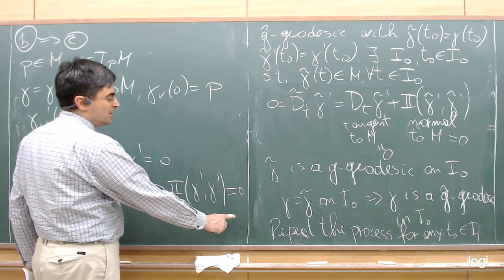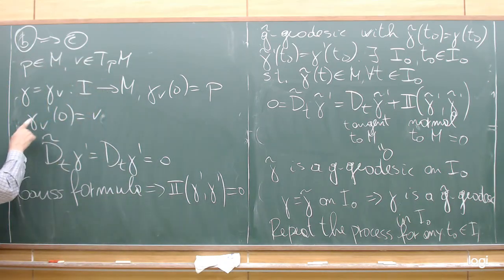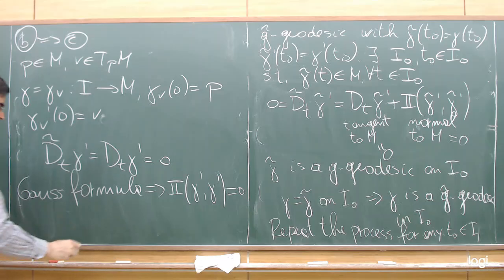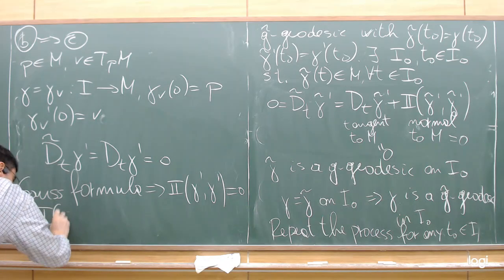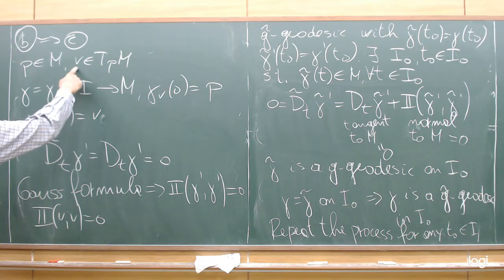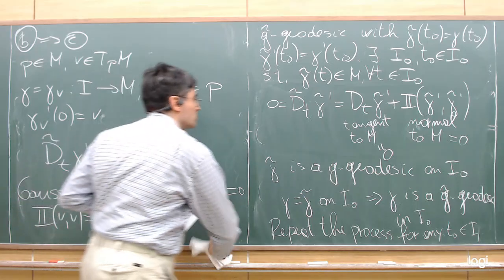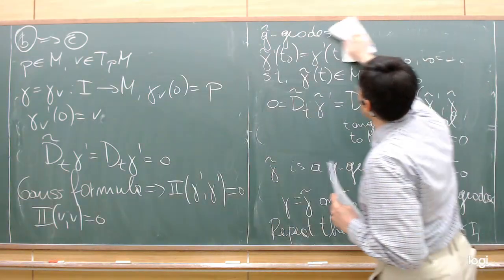In particular, this is true at t equal to 0, where gamma prime is V. So I have 2 V equal to 0, but V is arbitrary. So we can use a lemma which says the following.